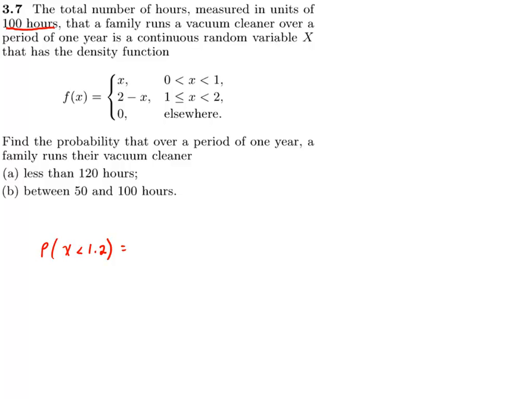Based on that PDF, if it is less than 1.2, it will go from 0 to 1.2. But what happens? We have a function that is defined from 0 to 1, where f of x equals x, and then another function, f of x equals 2 minus x, from 1 to 2.